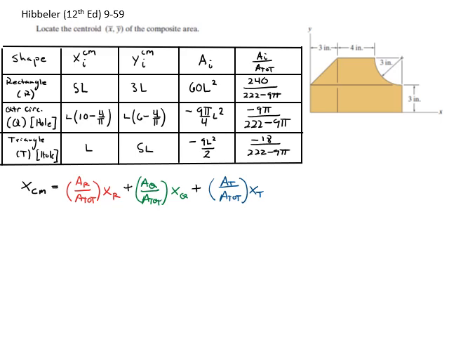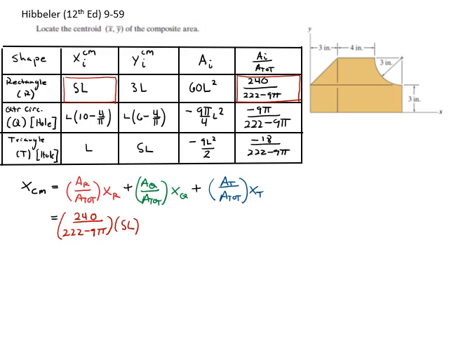So in red, I'm going to take the area of the rectangle divided by the total area, that's this here, multiplied by the center of mass of the rectangle there, right? So I will write here 240 over 222 minus 9 pi times 5L, right?